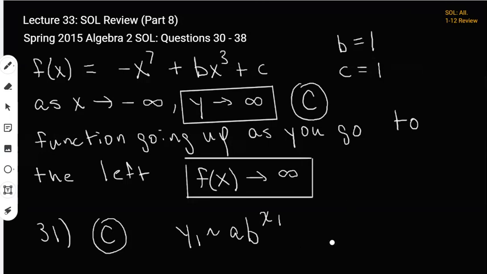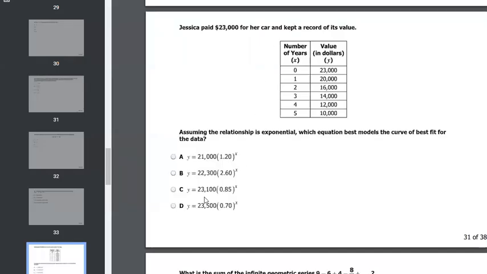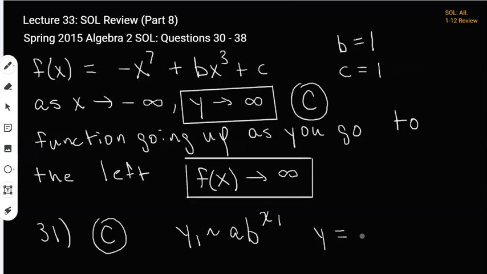That's my regression equation. And then if I want to write it down, it's going to be 23,100 and then 0.85 to the x power.